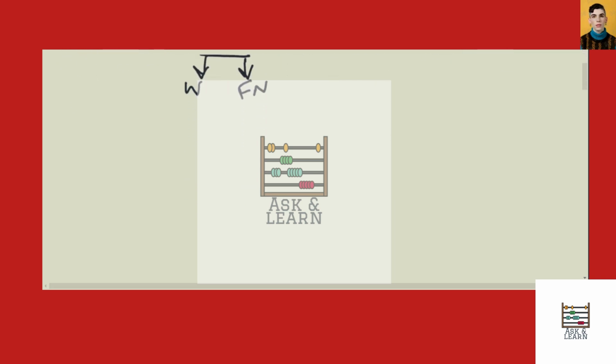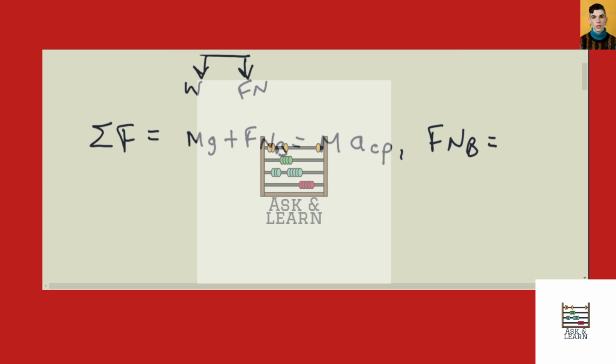So if we sum the forces, we have the weight, mg, plus this normal force, FNB, is equal to the mass times the centripetal acceleration, since there's a centripetal force. And when the cart leaves point B, we can say it experiences a 0 normal force. So FNB will equal 0.